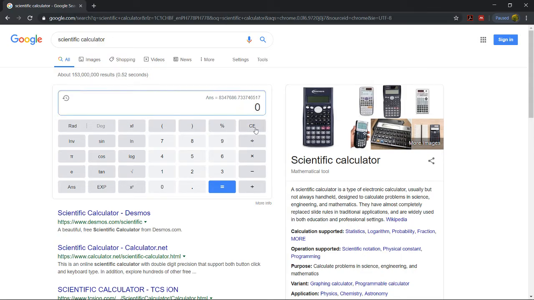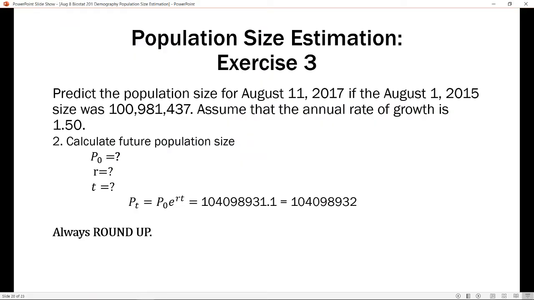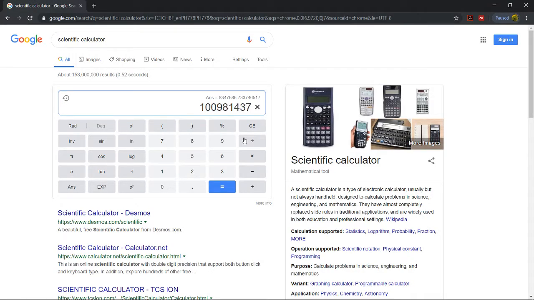Let's do that again. Pardon, I'm not very familiar with the Google Scientific Calculator. Okay. e raised to the quantity 0.015 multiplied by your time component, which is basically 2 plus 10 over 365.